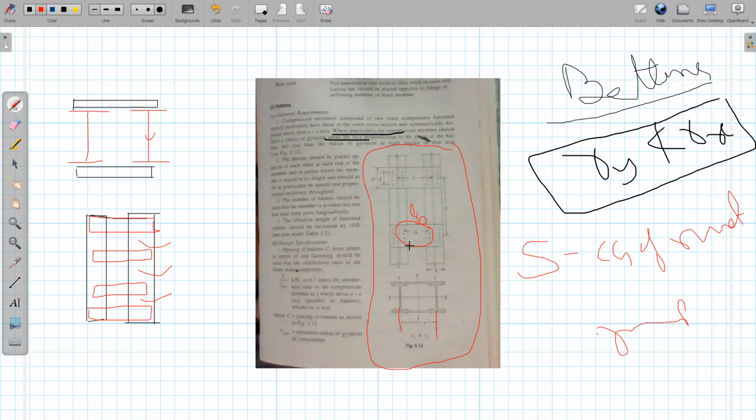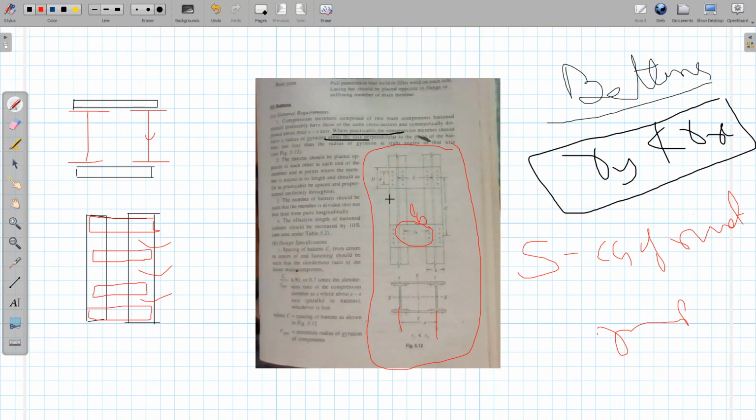So in this photograph it is showing that S is equal to A. When we have a single line of rivets, maybe here or here, in that case L_B and S will be equal, because I cannot provide the rivets exactly at the center of this column, because there is a web. So in that case L_B and A will never be equal.